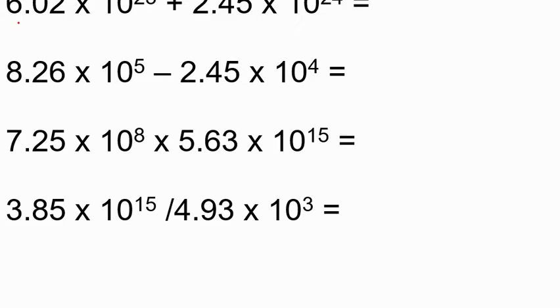Okay? So what you're going to do is press the 6, the decimal, the 0, the 2. So press that in. Then you are going to go up to the top part of your calculator and find a key that says second. You're going to press that. Then you're going to go right above the number 7 key.